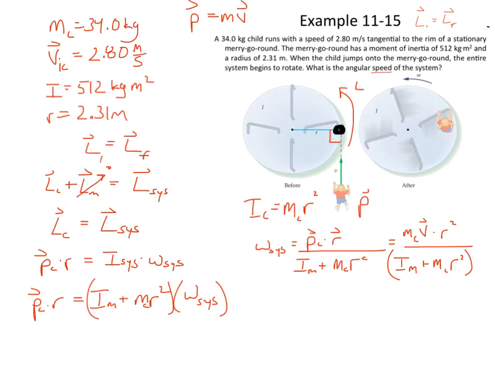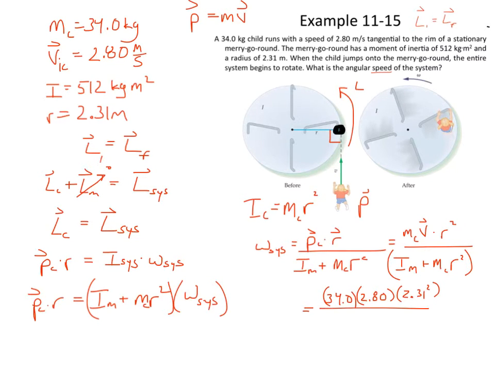Now we can plug in and solve for it, okay? I just got done saying I'm not going to rewrite this, and there I went and rewrote it. That's all right. Mass of the child, 34.0, times velocity of the child, that's 2.80, times the radius squared. The radius of the merry-go-round is 2.31 squared.